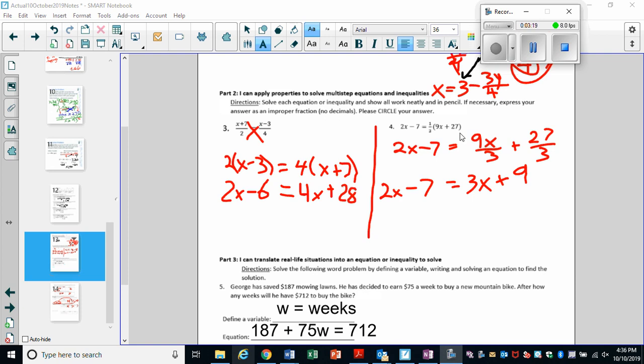Number 4, your hint: when you multiply 1/3 by a quantity, you're essentially dividing the quantity by 3. So 1/3 times 9x plus 27 is the same as 9x divided by 3 plus 27 over 3, which simplifies to 3x plus 9.